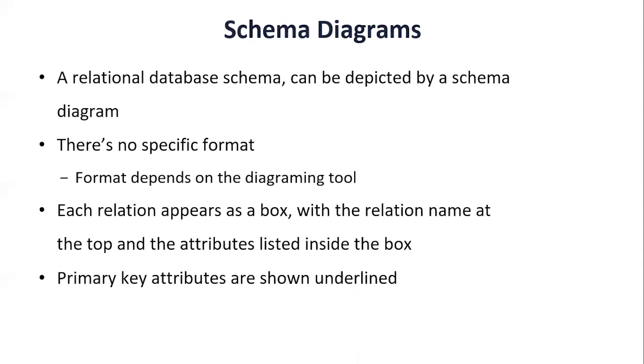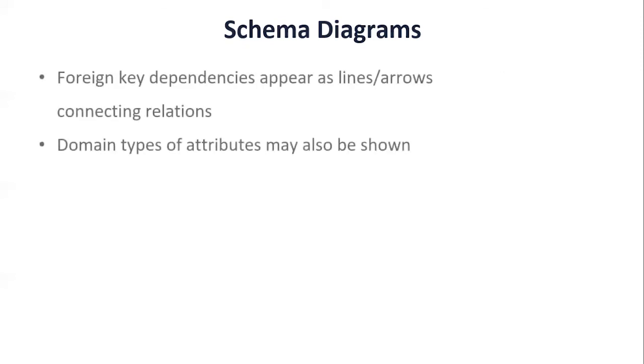And again, primary key attributes are usually underlined. And to represent foreign keys, we usually draw lines or arrows from the foreign key to the related other table. And sometimes we might also show the domain types of each attribute.